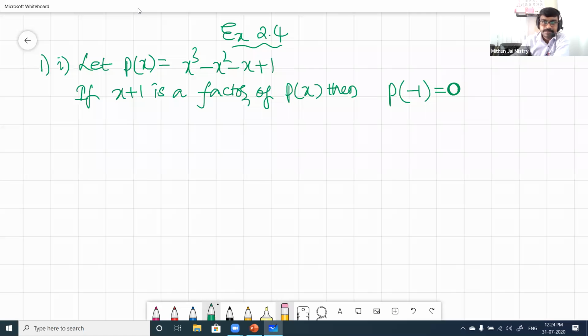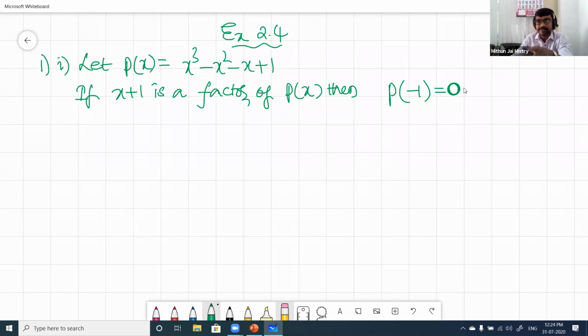I repeat, children, factor theorem says that x minus a is a factor if p of a is equal to 0. Here plus 1 is there, so in the place of x you have to write minus 1, and we should compulsorily get 0.